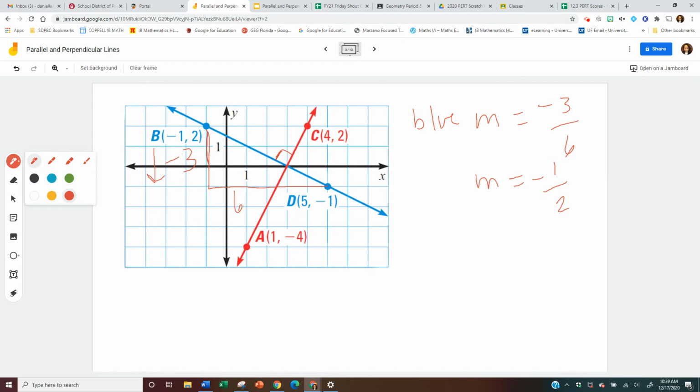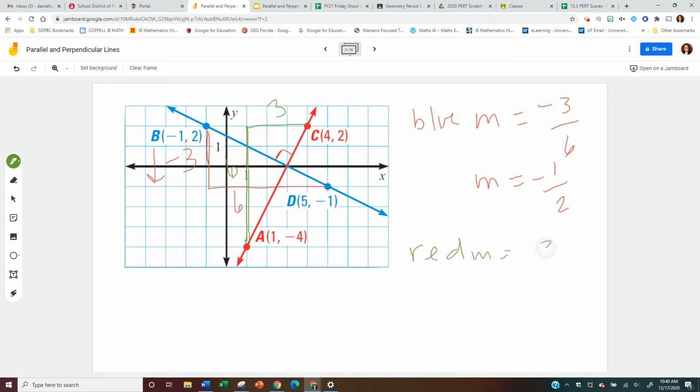Let's take a look at the other line, the red line. For the red line, from point A, I'm going to go rise over run. Since I'm going up 1, 2, 3, 4, 5, 6, I go up 6, and my run is 3.